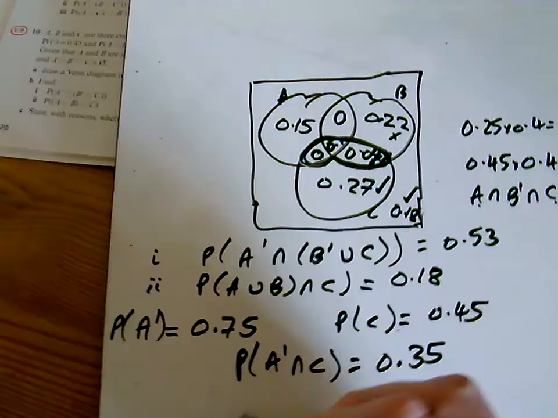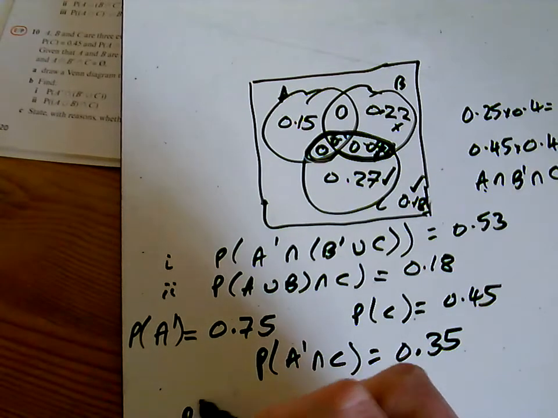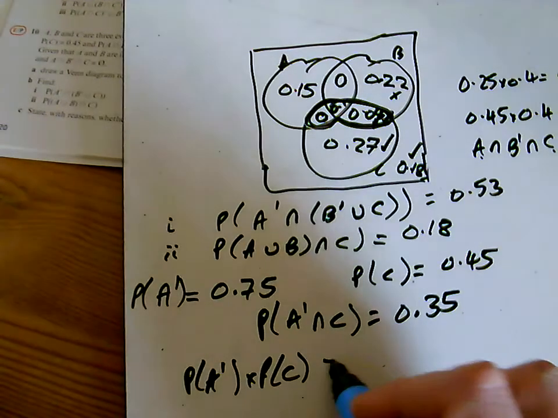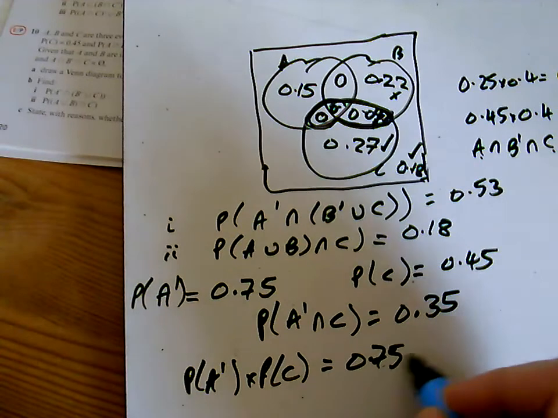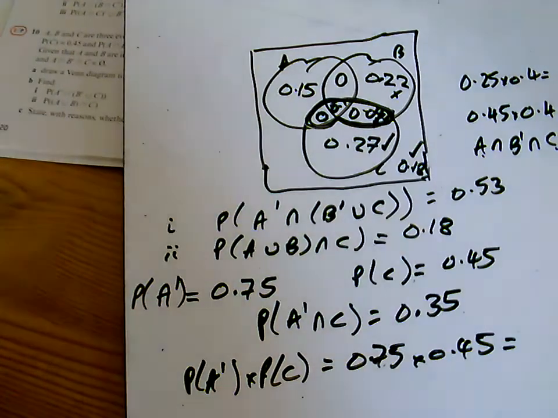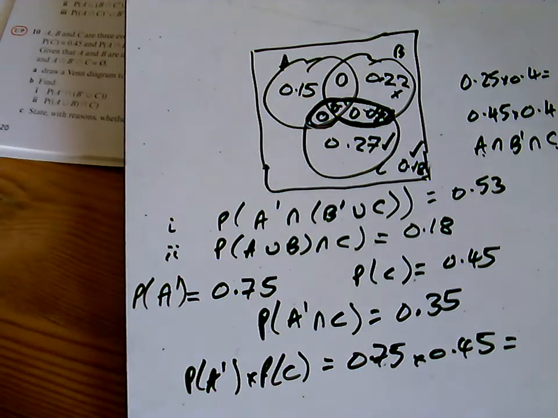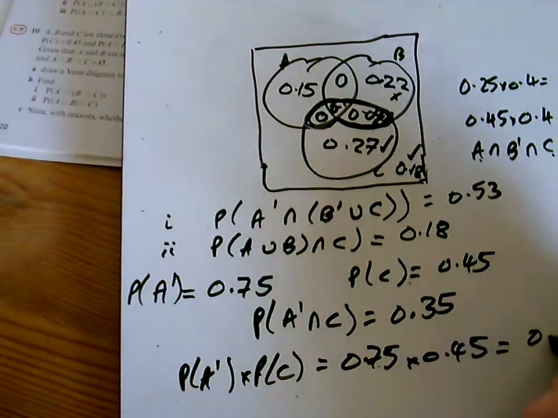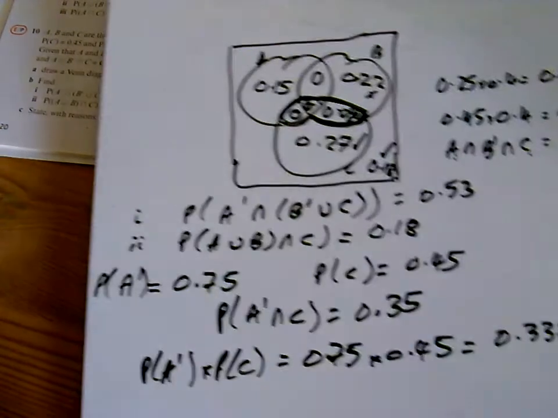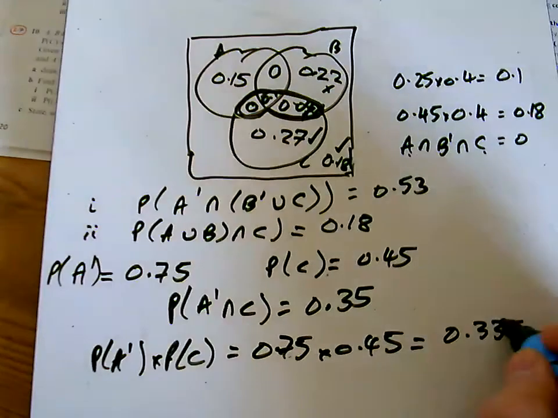0.35. Now, if they were independent, then these two things times together would make the 0.35. And those two things times together make, sorry, 0.3375 they make.